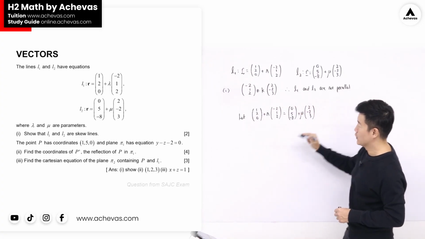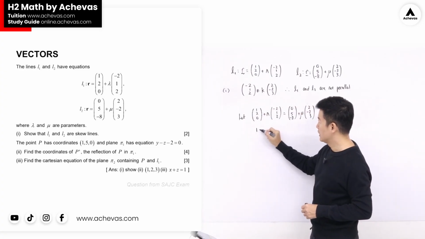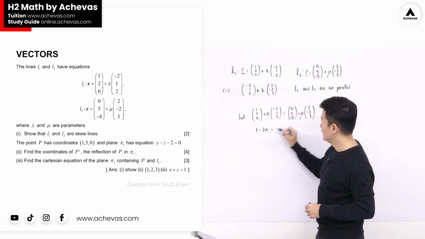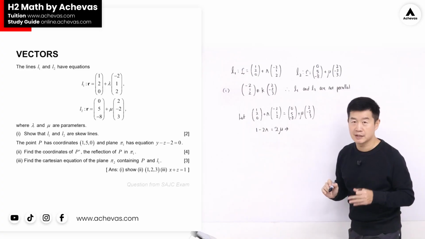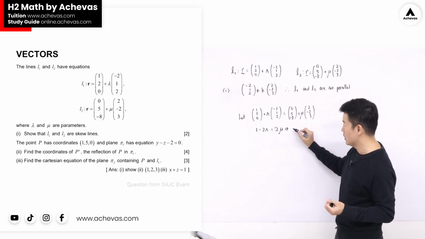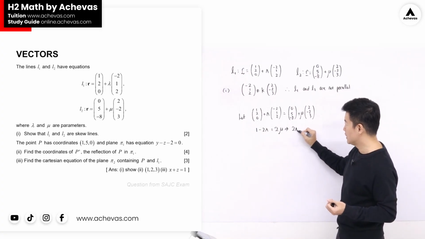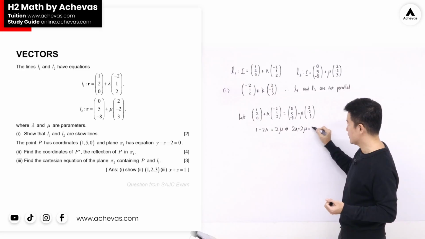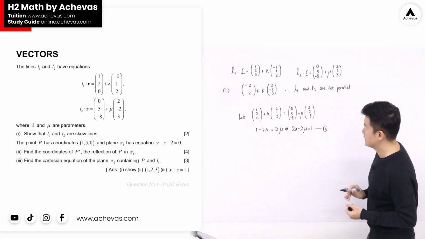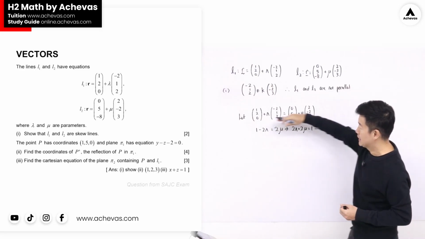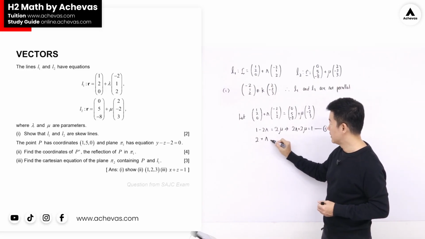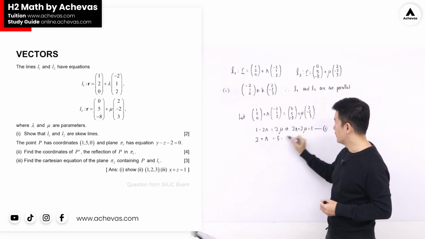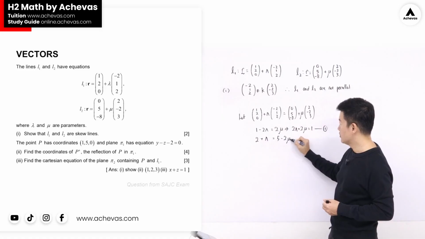From the first row, we will have 1 minus 2 lambda, and on the right side, the first row will be 2 mu. So from here, we will form an equation in terms of lambda and mu, and that will be 2 lambda plus 2 mu is equal to 1. Our first equation. Matching the second row, we have 2 plus lambda is equal to 5 minus 2 mu.